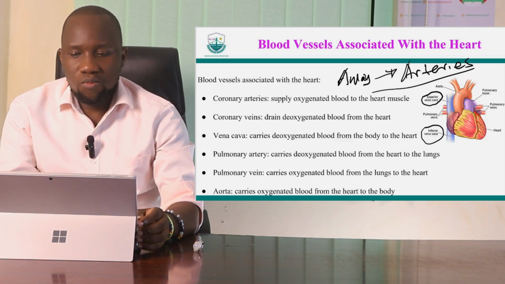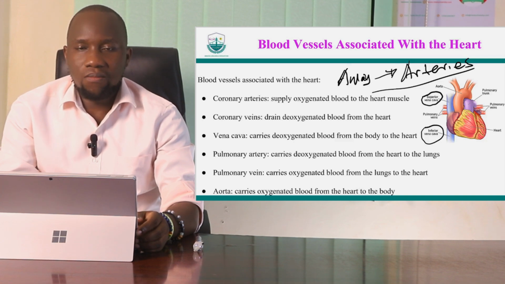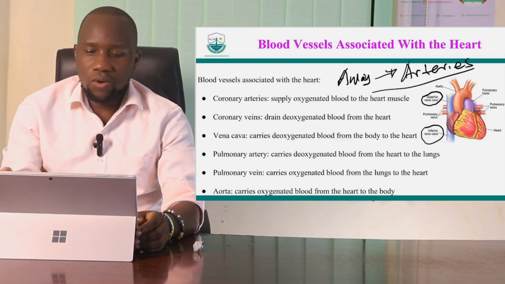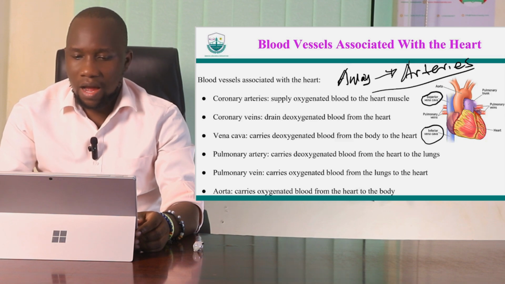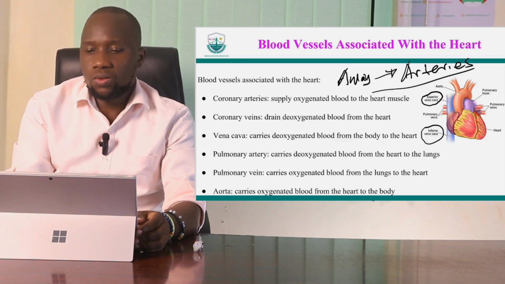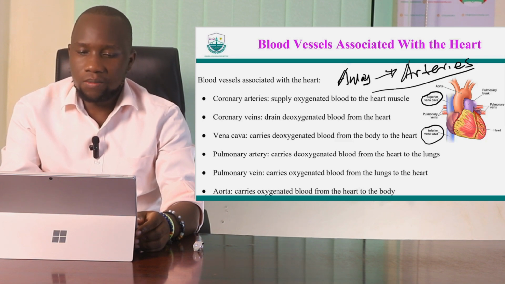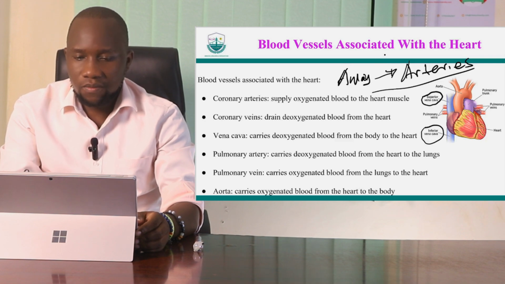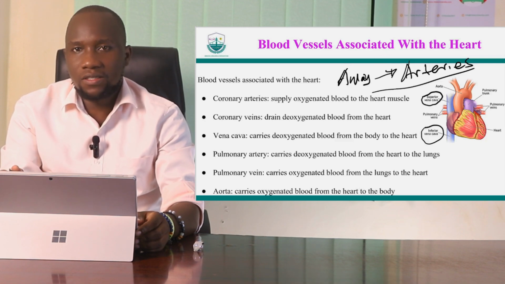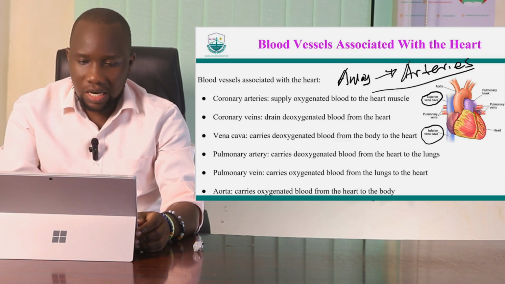And then we move to one unique vessel, the pulmonary artery. This pulmonary artery is unique because remember that arteries carry blood to the different tissues or the different organs. This blood is usually oxygenated. Blood that leaves the heart to go to other parts of the body is oxygenated.